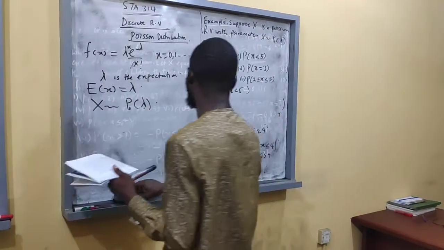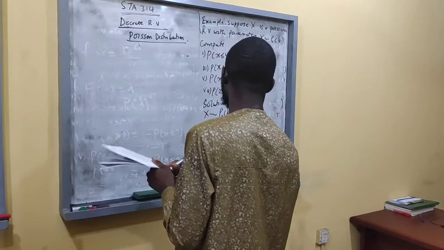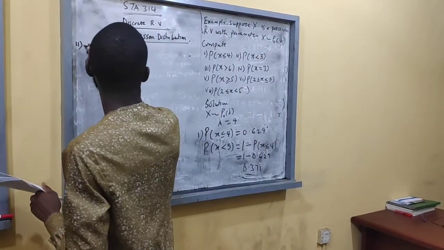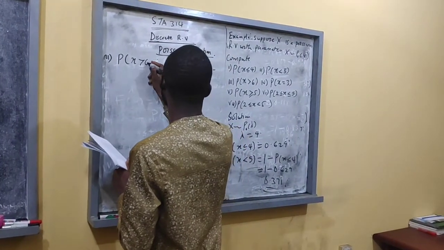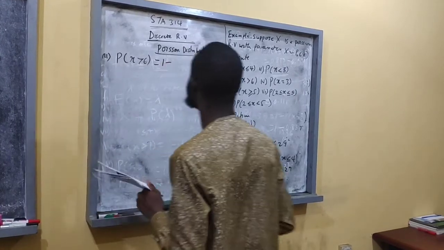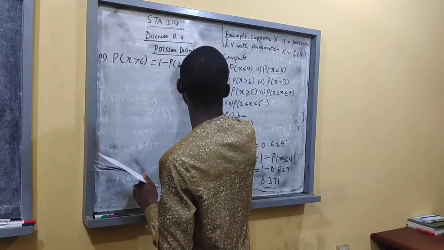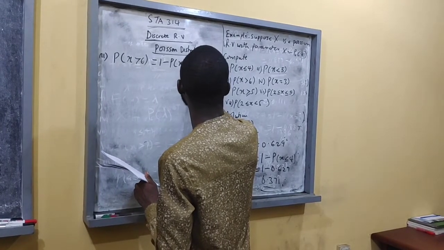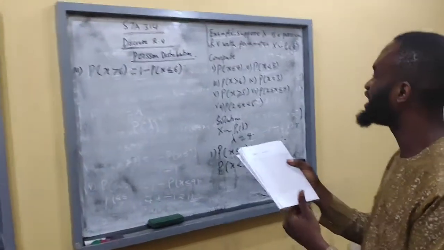Now the third one, let me clean this. Roman figure 3. Probability of x greater than 6. And what is that? This is equivalent to 1 minus the probability of x less than or equal to 6.